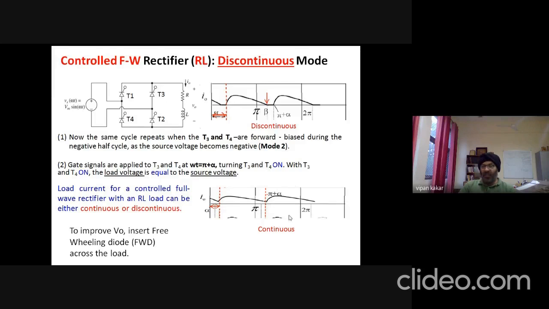And in the continuous case, the load current does not go to zero before pi plus alpha, as in the previous case for discontinuous current. So what are the conditions that decide whether the current will go to discontinuous mode or continuous mode? In continuous mode, we do not have angle beta, because the load current never reaches zero.